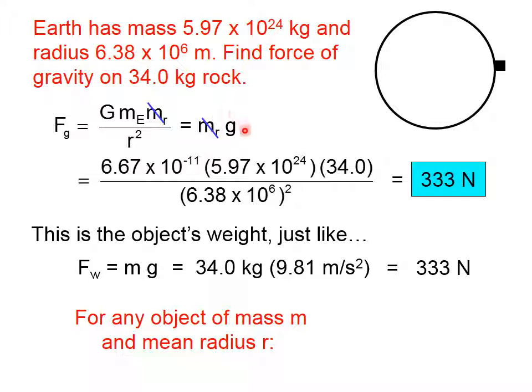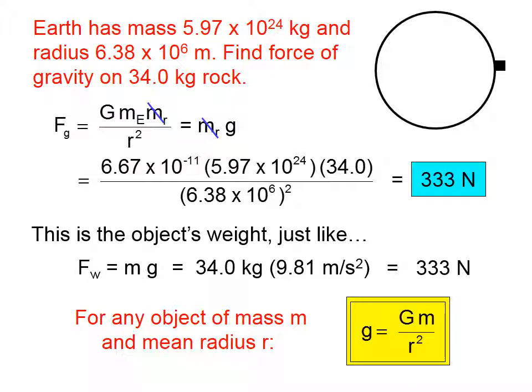There's little g all by itself, and there's an expression that we can use to calculate little g. There you go. That's how we could calculate little g for the Earth. We're going to take the gravitational constant G times the mass of the Earth divided by the radius of the Earth squared. We'll get about 9.81.